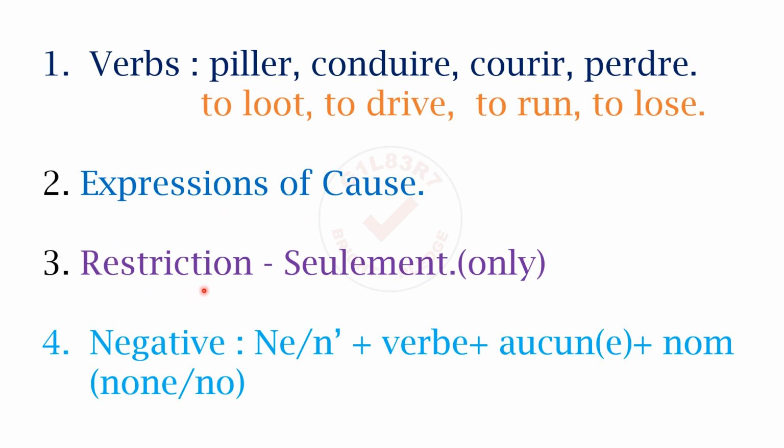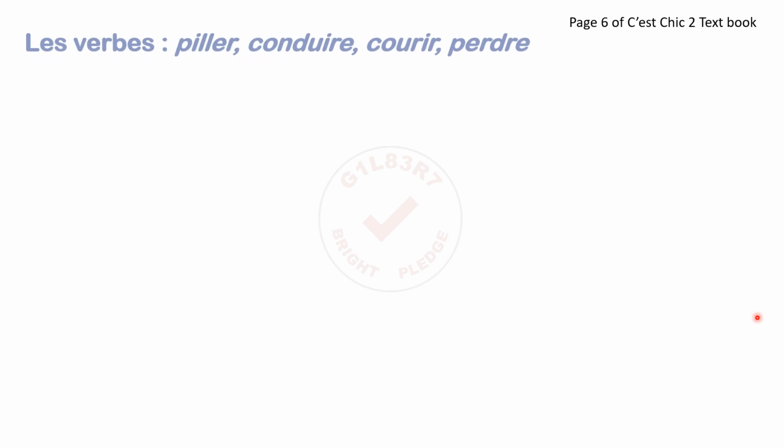Then we would see a few examples with the restriction seulement, meaning only, and then the negative with ne followed by the verb and aucun, meaning none or no. So let's get started with the conjugation of these 4 verbs, which is piller, conduire, courir, and perdre.